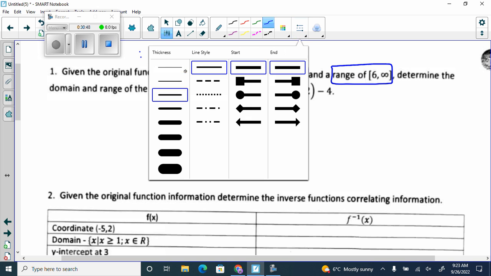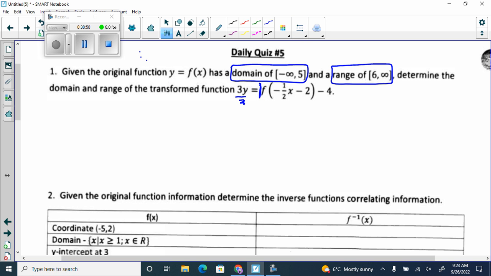So, I divide this by 3. This term is one term. So I divide this by 3. I divide this by 3. Because that is a vertical stretch by a third, and it has to be done to all the terms. So now I'm going to have y equals 1/3 f something minus 4/3.